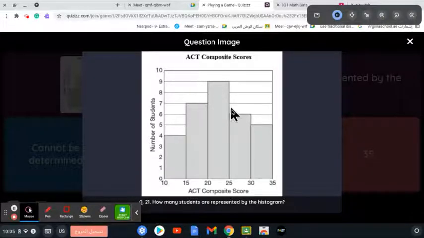And then 20 plus 6 is 26. And then 5 plus 26 is 31.